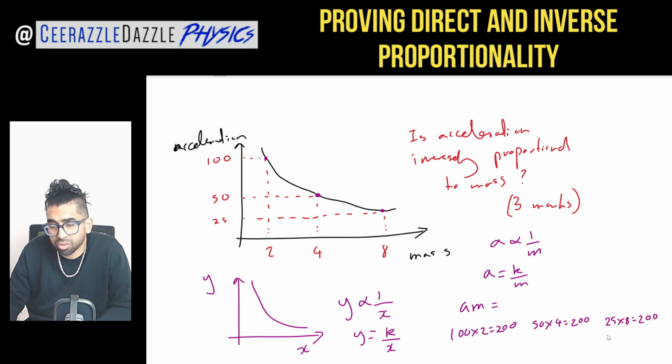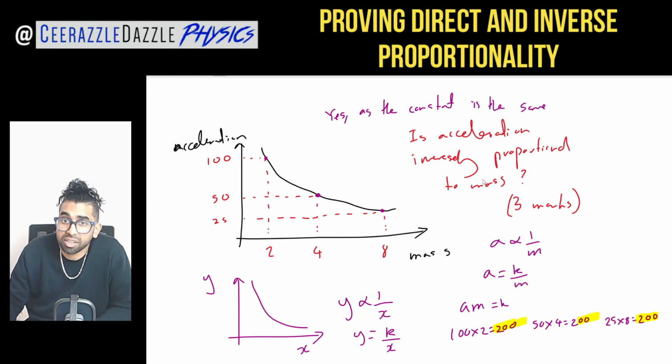There we go, all of them are 200. So obviously the constant is the same for all of them. Therefore we can say that yes, it is inversely proportional. Our final answer is yes, as the constant is the same for different pairs of values.